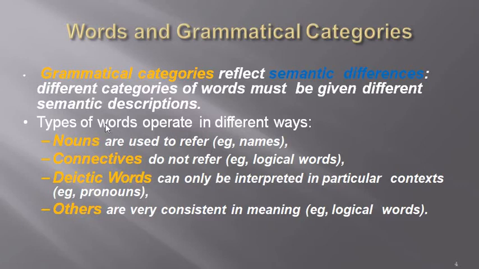Let me explain it with examples, because the types of words operate in different ways. Nouns are used to refer; they are the nominals. But connectives do not refer. These are logical words like or, not, etc. And deictic words like this and that can only be interpreted in a particular context.